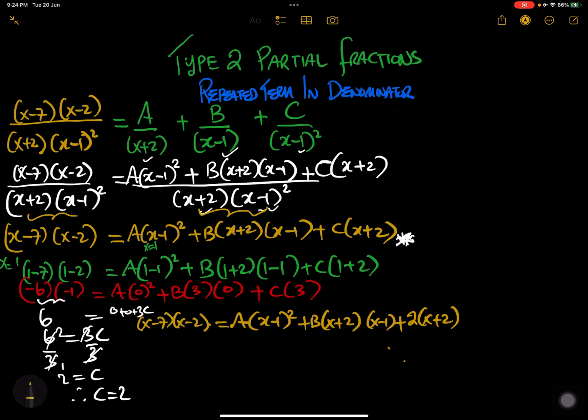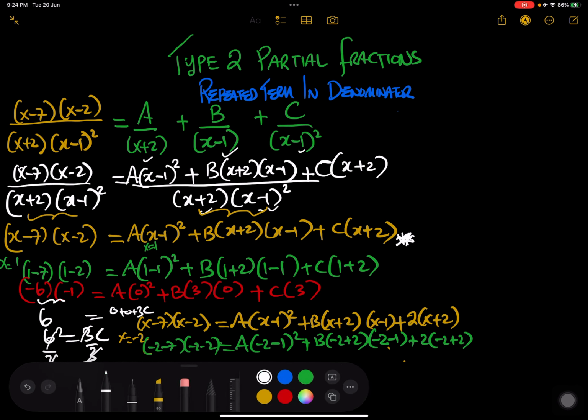Now, what do we do to eliminate another side? It is when x is equal to negative 2. When x is equal to negative 2, we are going to have (−2 − 7)(−2 − 2) equal to a(−2 − 1)² + b(−2 + 2)(−2 − 1) + 2(−2 + 2).